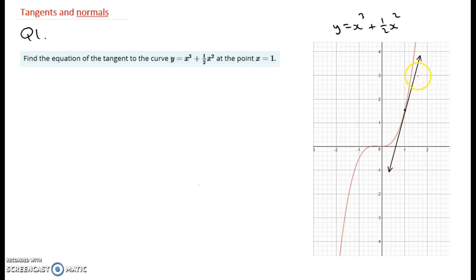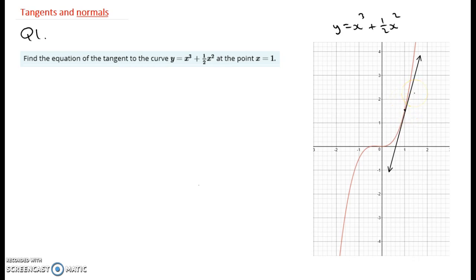To find the equation of this tangent line, there are two things that we need. One is the gradient of the tangent line, and the second is the coordinates of this point here, where x equals 1. So let's find the coordinates of this point.